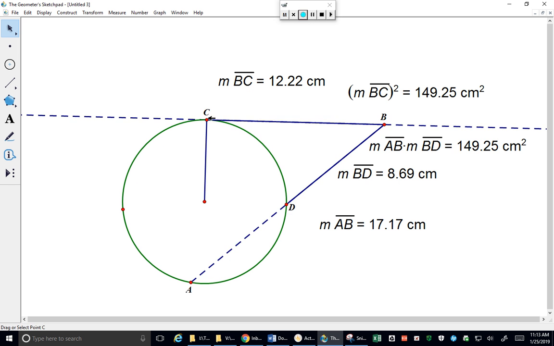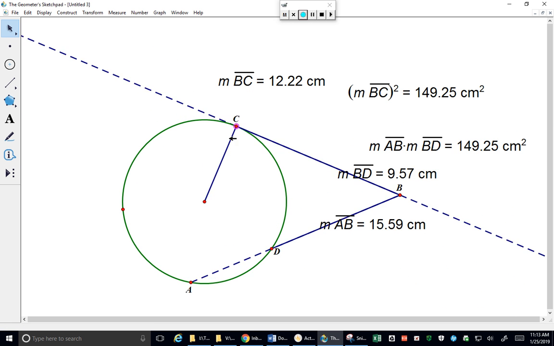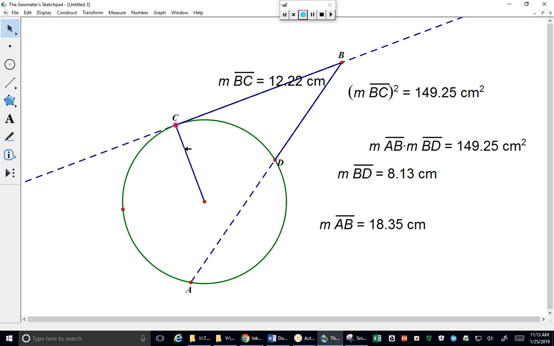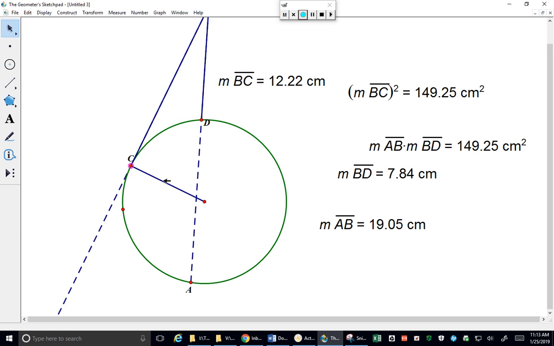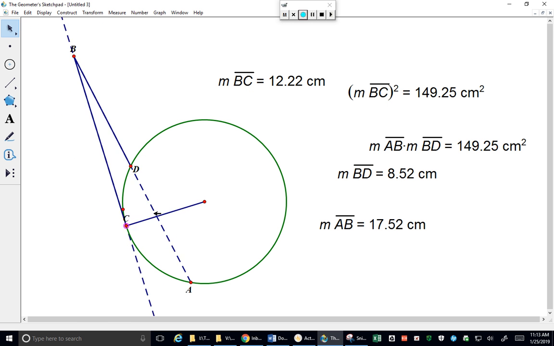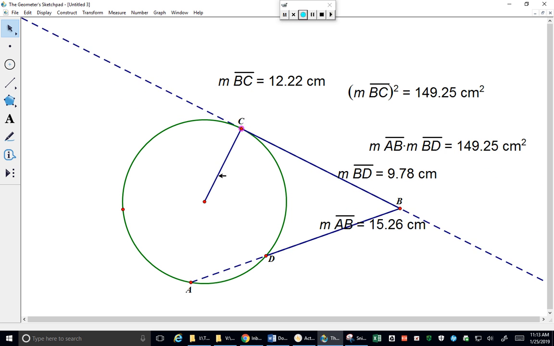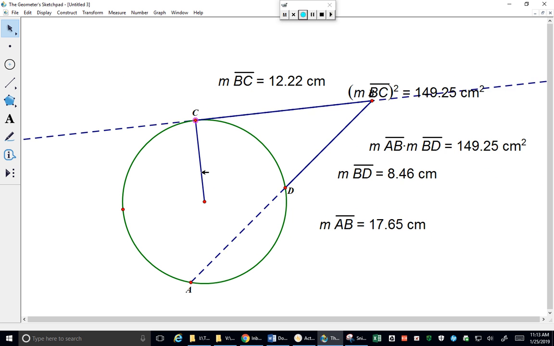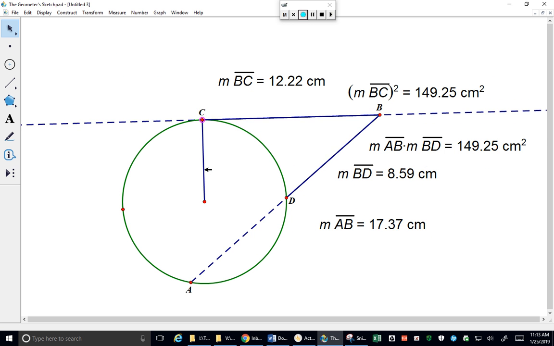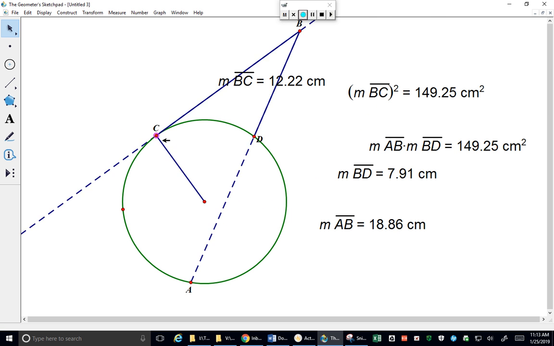Oh, that's the whole thing. I'll move my tangent line. And you see the product, well, in this case, is always constant, no matter where my things go. Okay, so the product of the outside times the entire length for your secant is equal to the product of the tangent. And in fact, it's always constant, no matter where your tangent line happens to be.